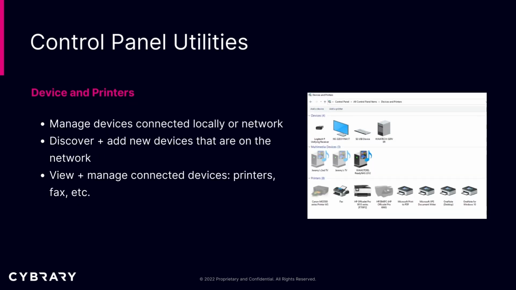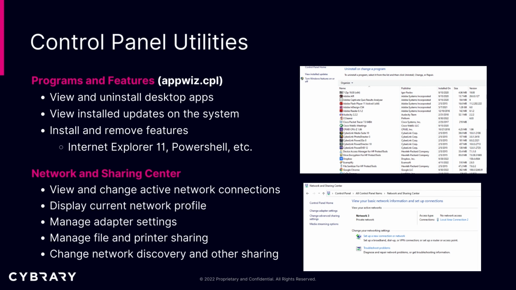Devices and printers. You can manage external devices and printers like your webcams, everything that's connected to your computer. You would see those here in the devices and printers section of the utility. Programs and features. This is a powerful utility because it allows you to view and uninstall desktop apps that are installed on Windows.